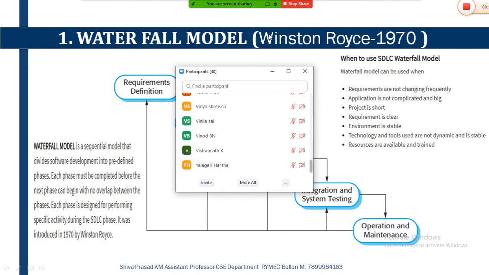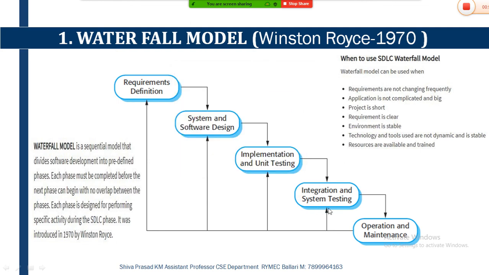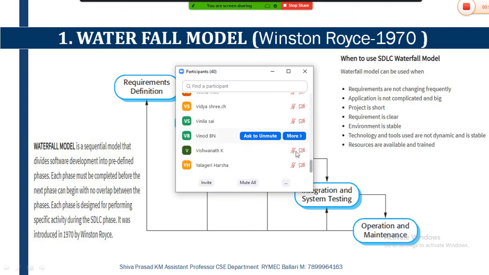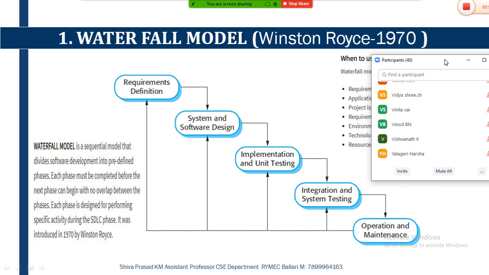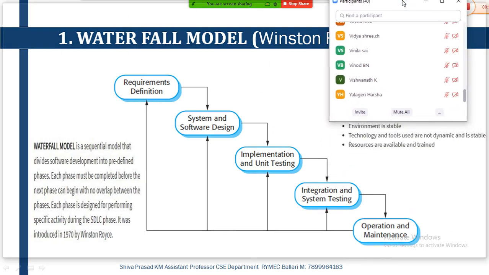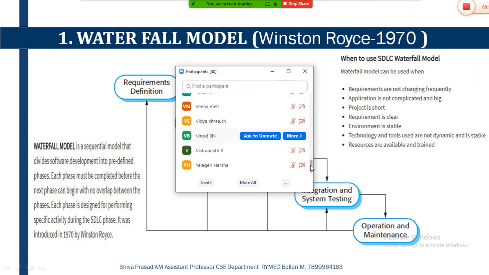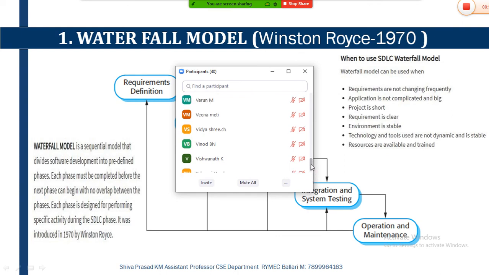Okay, so this is what the integration and system testing process is about. Once the system is working properly, we will deliver it to the customer, and we will try to identify the updates which we can perform in future.